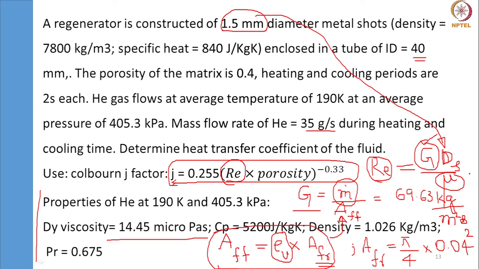It is coming around 7,228.027. Correct. Can you plug that value in this formula of J?